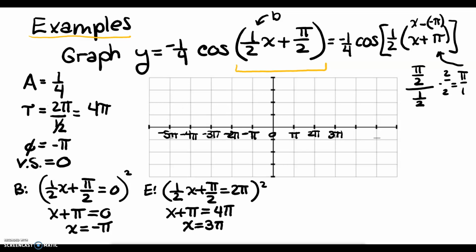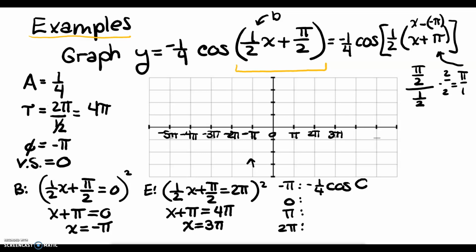So I know I need to plug in negative pi, 0, pi, 2 pi into my equation. But I do want you to remember that when I plug in all of these points, I end up getting just the original quadrantal angles for those points.